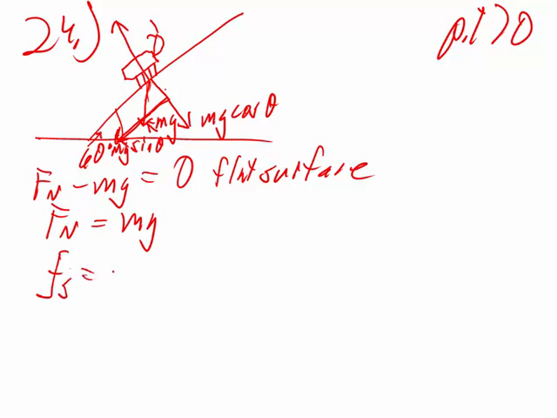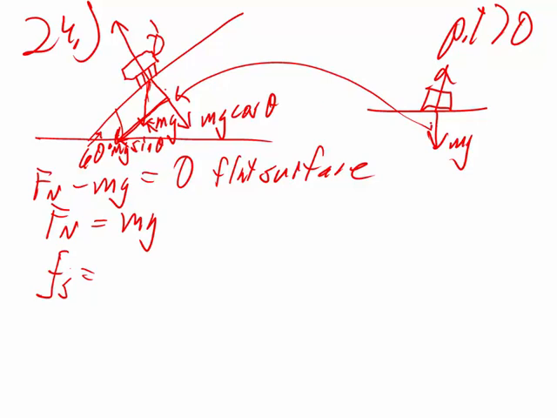Normally on a flat surface it's like this. See, you got a box, normal force, weight, okay? But now it's angled, so it has to be this, doesn't it? Well, see, that matches this. See right here? That matches this, but it's angled, so it's mg cosine theta, okay?